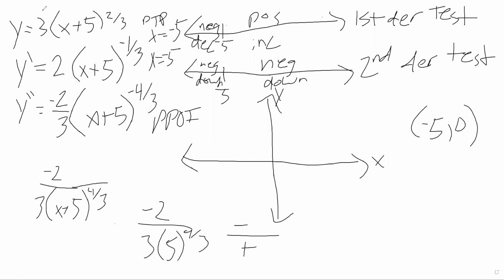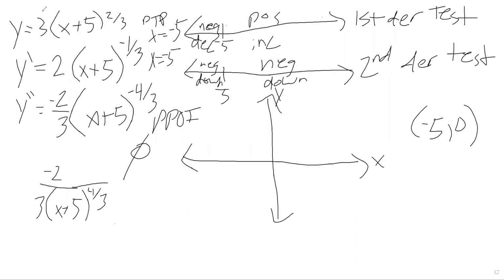So that's interesting. I want to go back to the point again that -5 is both a turning point and a potential point of inflection. We see that it's not actually a point of inflection because it doesn't go from positive to negative or negative to positive. So of our potential points of inflection, there are no actual points of inflection. So now I look at this and I'm trying to wonder what this graph looks like. And there's one big thing that I have not mentioned.